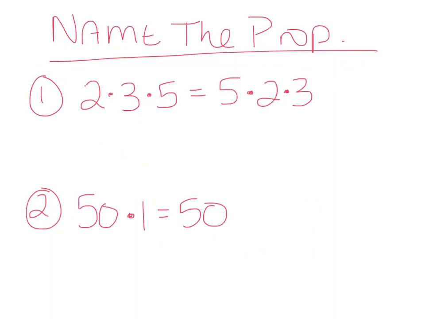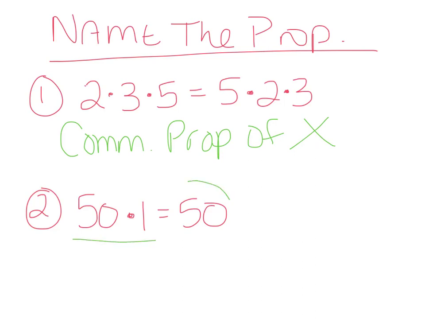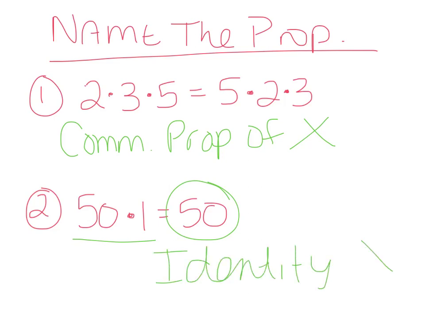Once again, no parentheses. We're not associating things differently. We're moving them around, so this would be commutative property of multiplication this time. And finally, number 2 here, we're multiplying by 1. Well, what happens when you multiply by 1? The number stays the same, so this would be your identity property of multiplication.